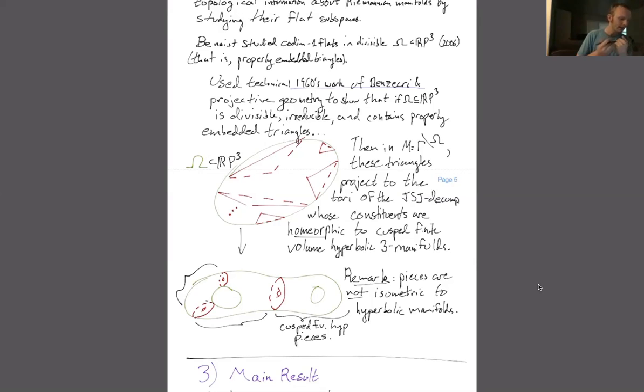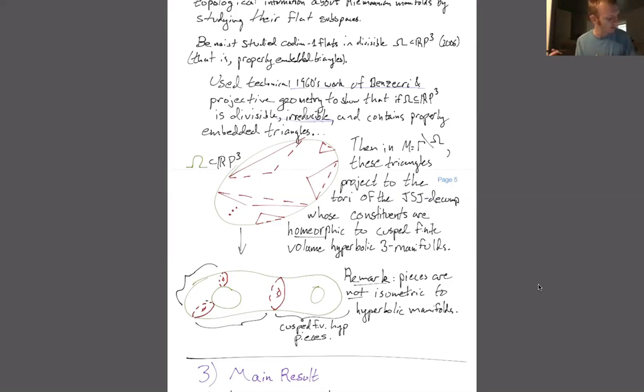And this word irreducible, I'm just going to hide under the table, but I'll tell you that it's a natural indecomposability condition for the domain. And the result is that if you have an irreducible divisible domain in dimension 3 and it has properly embedded triangles in it, then in the quotient M, the triangles project exactly to the tori of a JSJ decomposition for the 3-manifold.